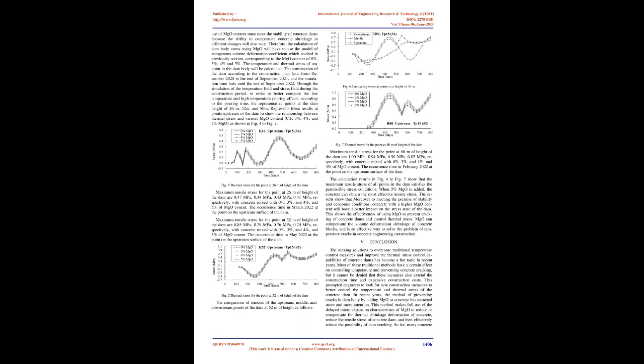4. Evaluate the thermal stress control efficiency of MgO concrete dam. A. Finite element mesh. As mentioned in the previous section, MgO is an expansion agent that compensates for the shrinkage of concrete, thereby preventing the thermal cracking of concrete. The selection of MgO content must meet the stability of the concrete dam because the compensation effect will be different at different dosages.